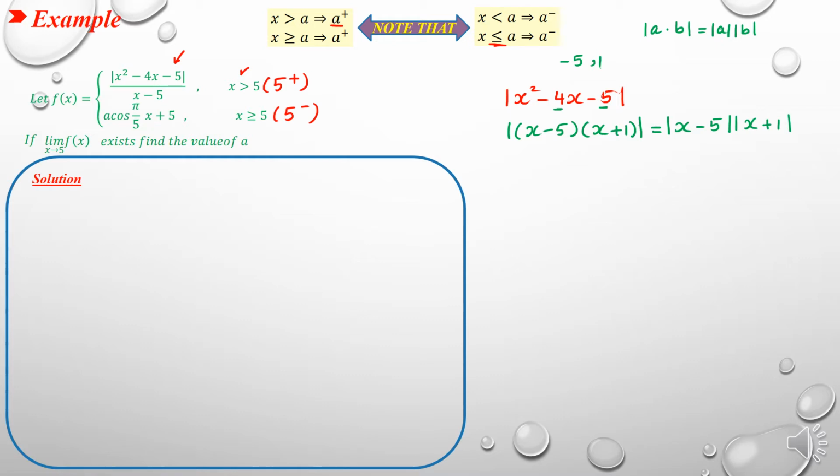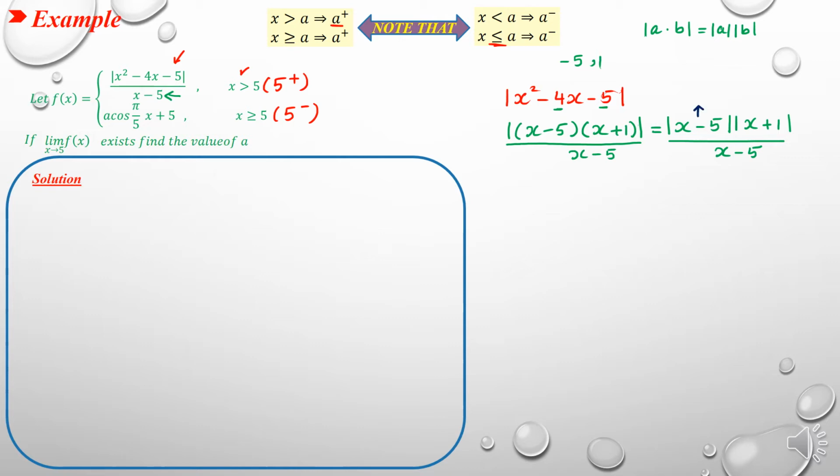Now you have to redefine the function, and pay attention that the function is the absolute value of this function divided by x minus 5. So this is the function we have in the first piece, in the first interval, x greater than 5. Now you have to find the zeros of the functions inside the absolute values.